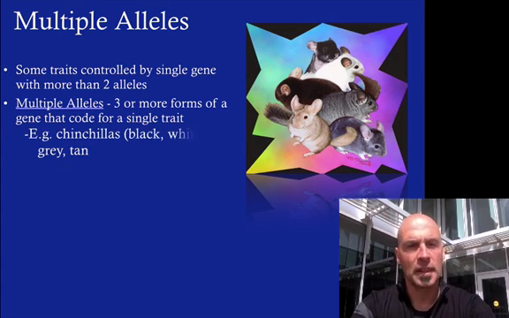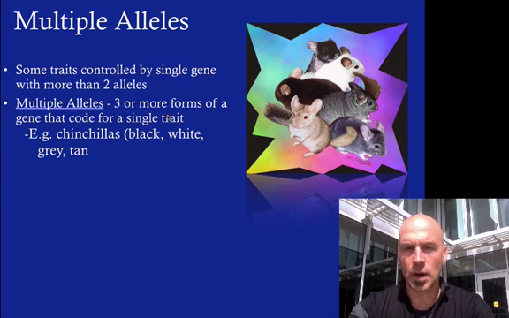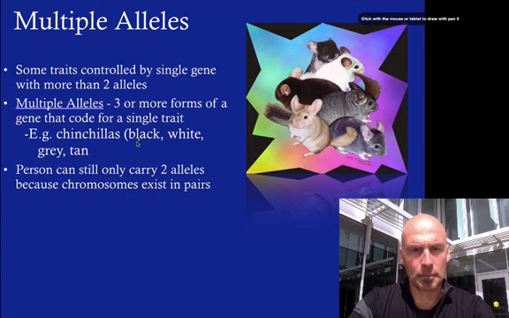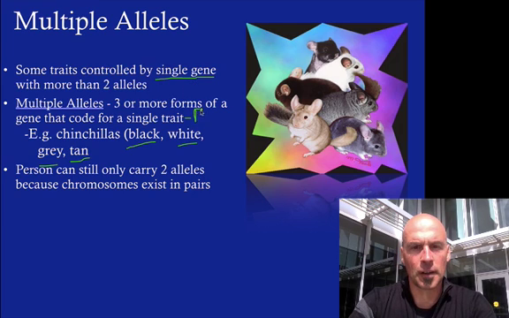An example of that is chinchillas, where we're talking fur color. Chinchillas can code for black, white, gray, or tan. Those are all on the single gene. In this case, the trait is fur color, the color of fur.